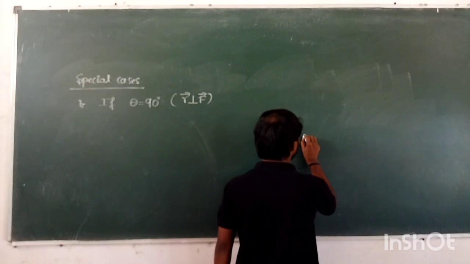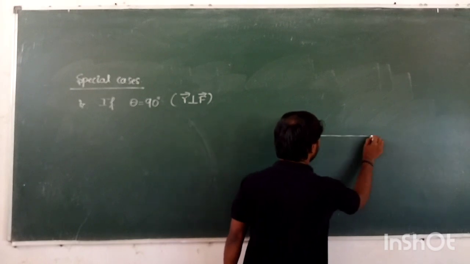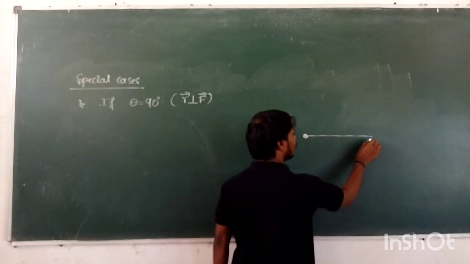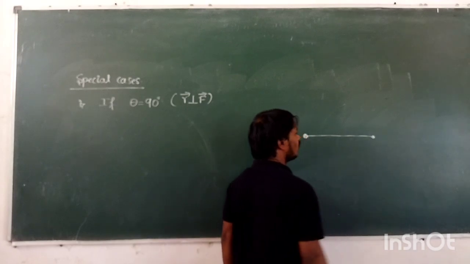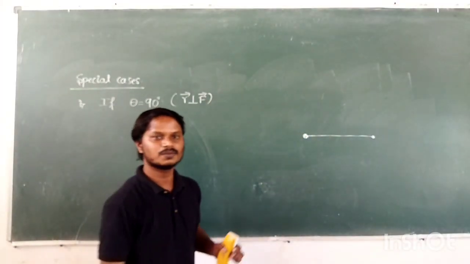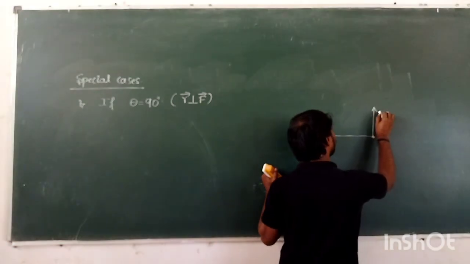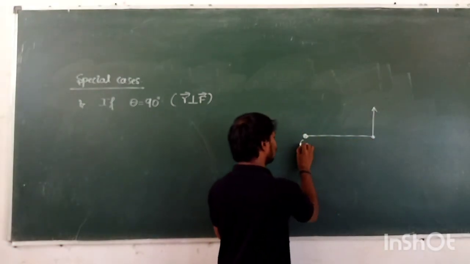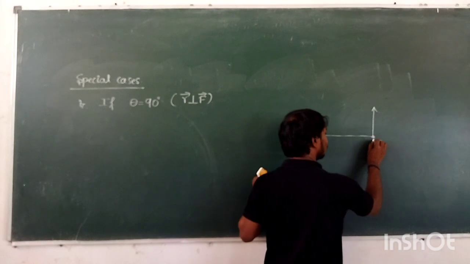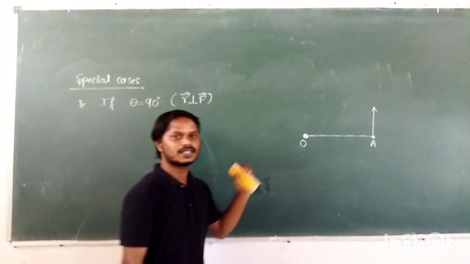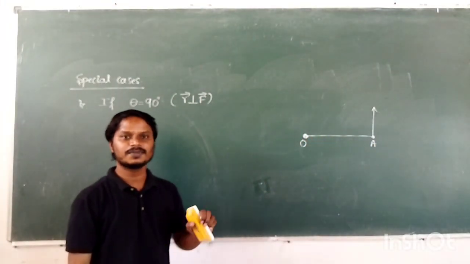See here, this is a rod, and this is the fixed end and this is the free end. At the free end we are going to apply the force. How is the force applied here? The force is applied perpendicular to the position vector. So let us take it is O and it is A. O is the fixed point and A is the free end.